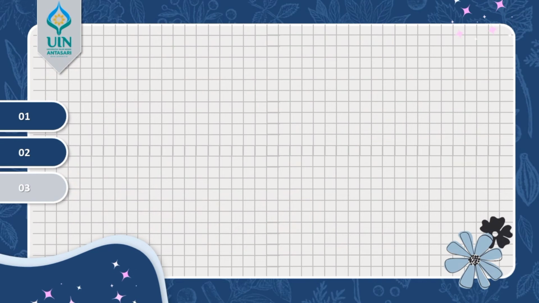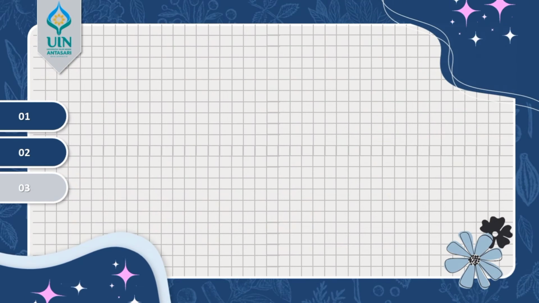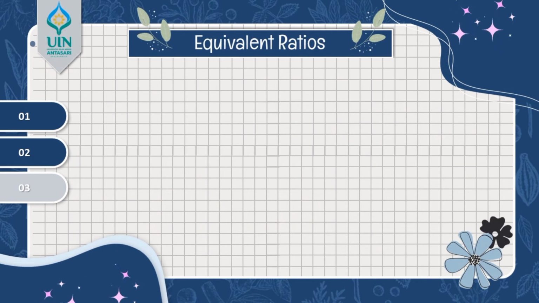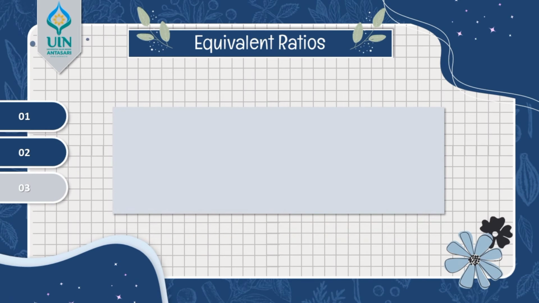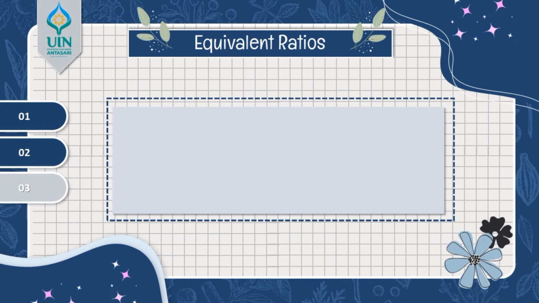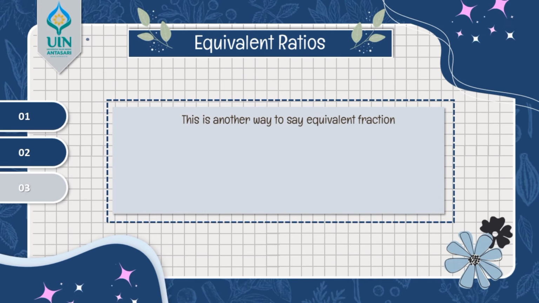The final part of this lesson is talking about equivalent ratios. Now remember, you can write a ratio as a fraction, so this is basically another way of saying equivalent fraction. If I had the fraction 5 over 10, or in other words, the ratio of 5 to 10, I would need to reduce this fraction into an equivalent form.